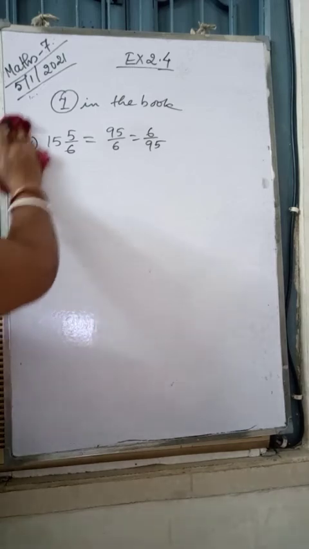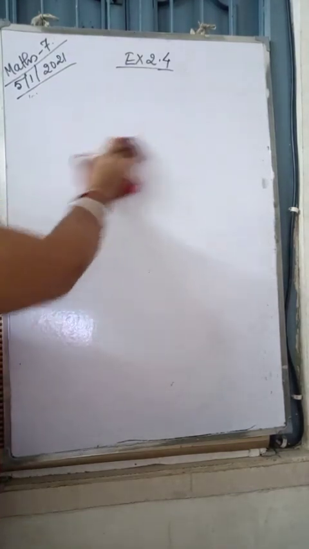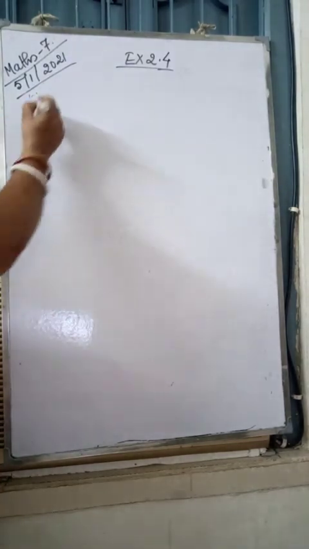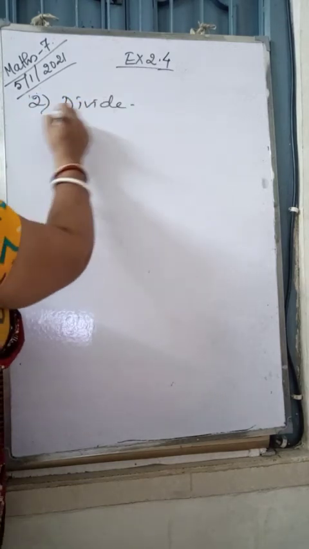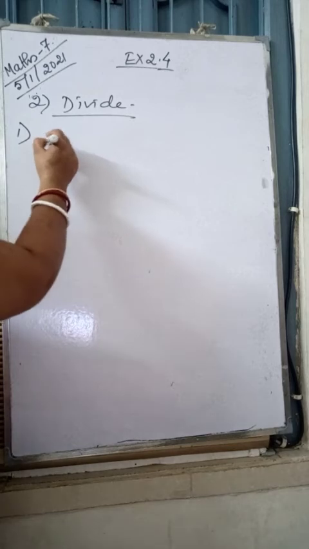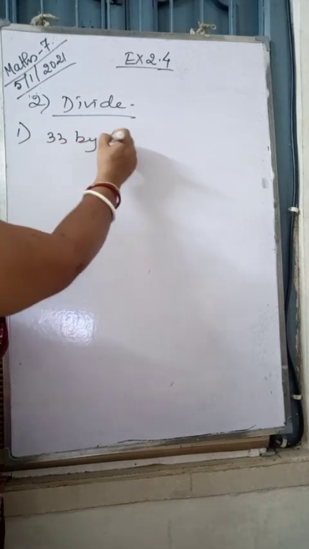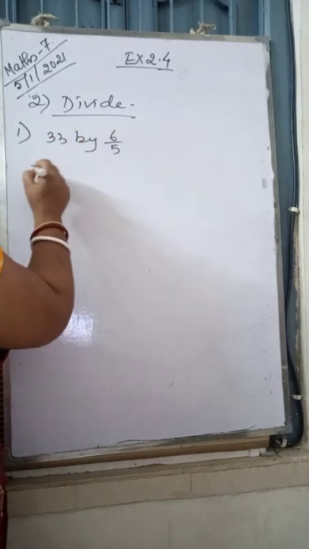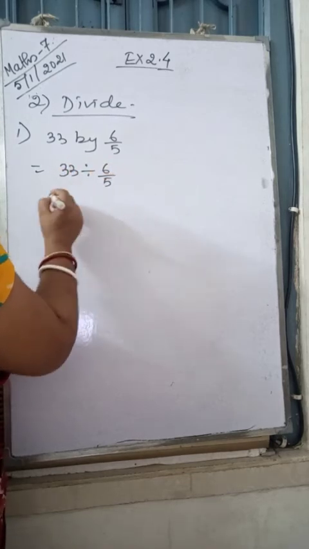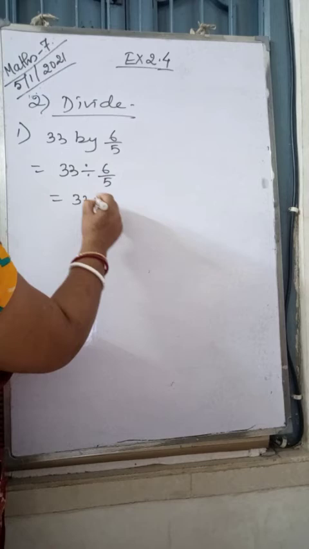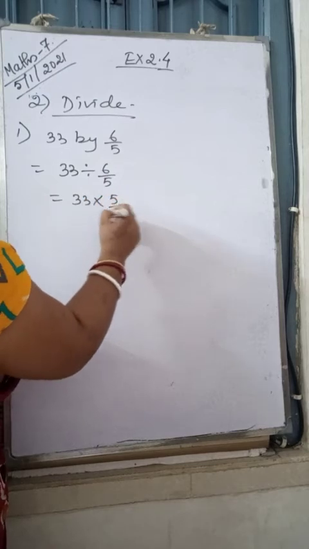Now we'll begin with question number 2. So let us see. Divide. They have asked you to divide. Number 1, 33 by 6 by 5. So what we are going to write? 33 divided by 6 by 5. Or next step we'll be writing 33 into 5 by 6.